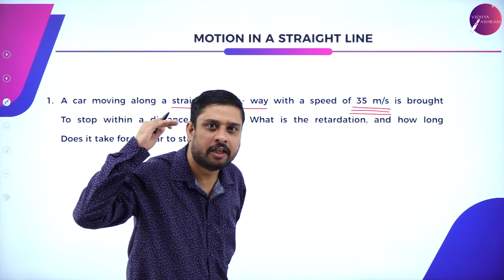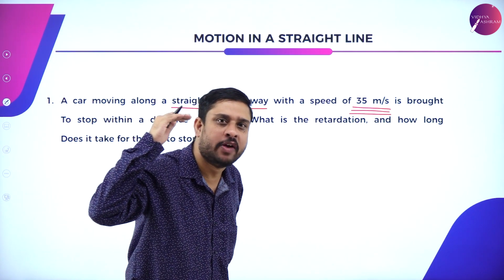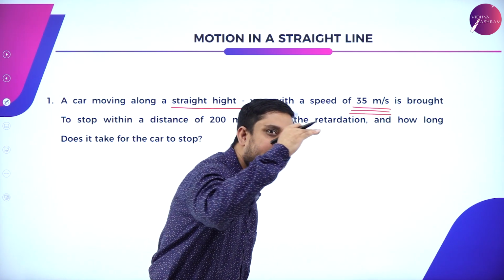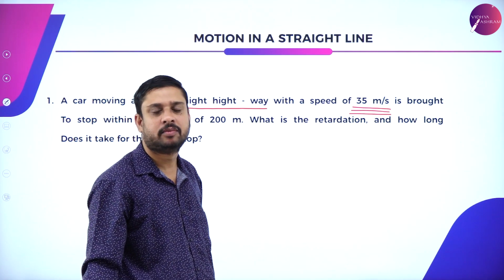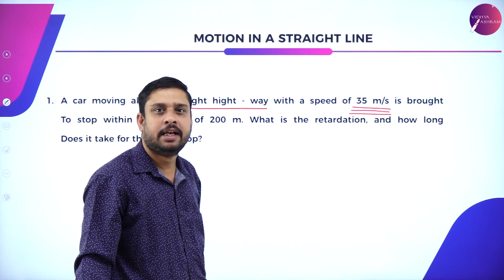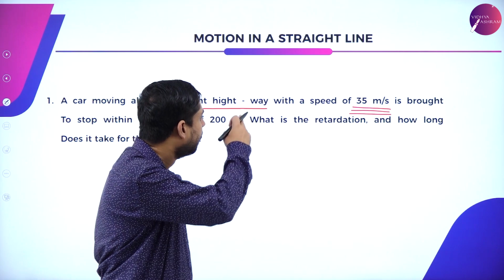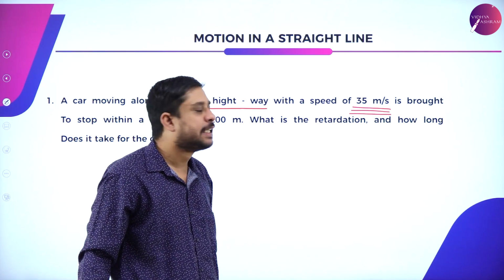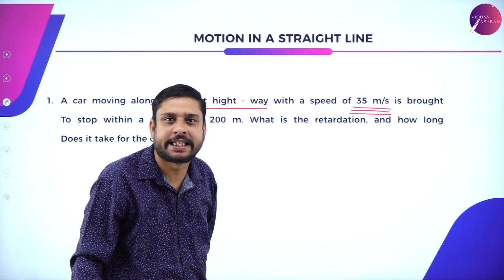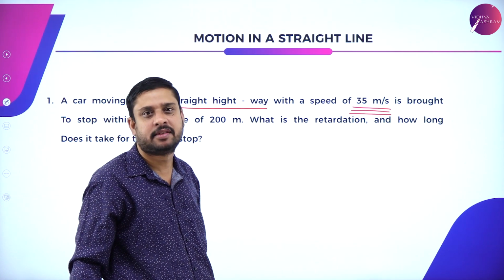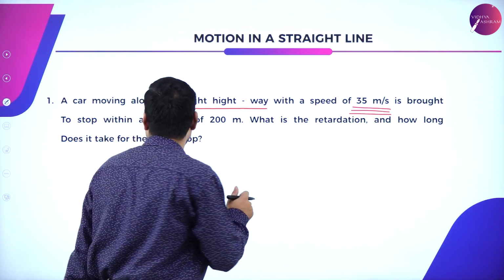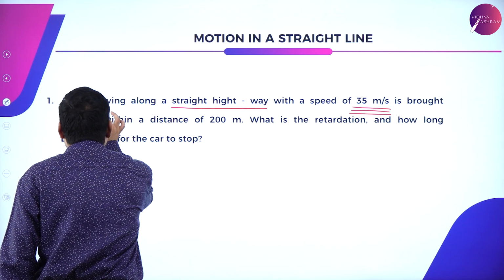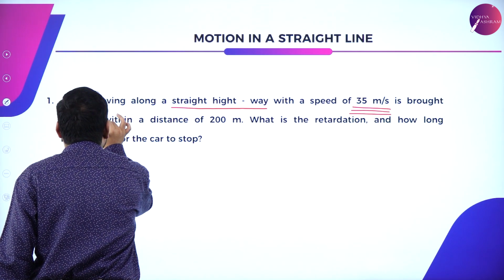So the car is moving with some initial speed. It is moving with a speed of 35 meters per second and is brought to stop.